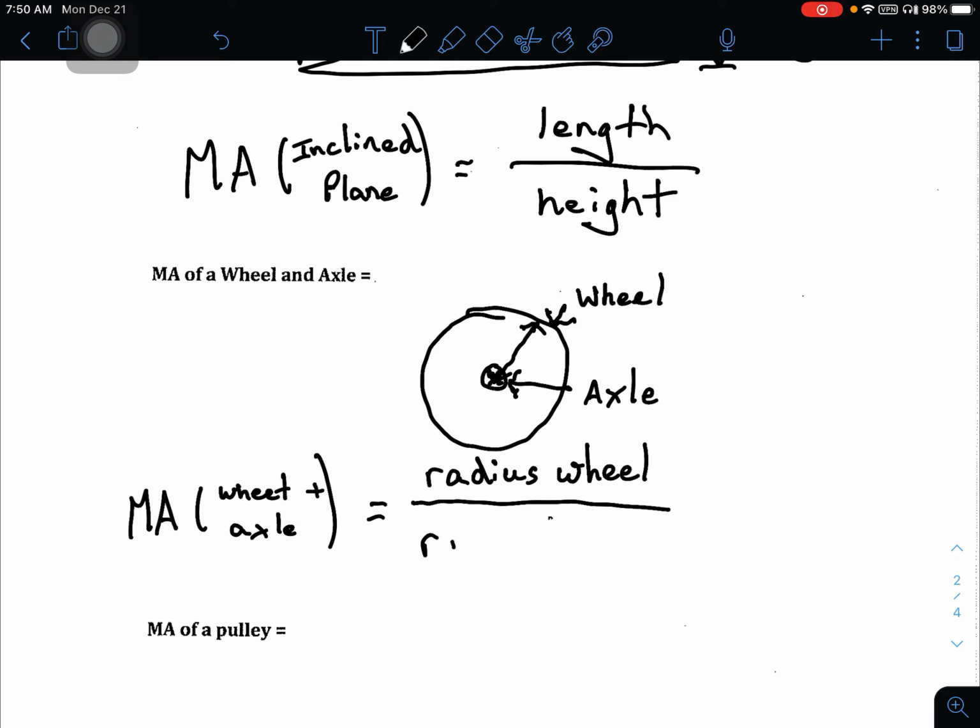And that's going to be divided by the radius of the axle. Radius of the wheel, radius of the axle. That's what tells me the mechanical advantage of a wheel and axle system. Sometimes the whole wheel doesn't have to be visible either. Sometimes wheel and axles don't look like wheel and axles. If you think of a crank handle on like a pencil sharpener or something like that, it doesn't look like a wheel, but when you turn it, it goes around in a big circle, right? So therefore it functions as a wheel.